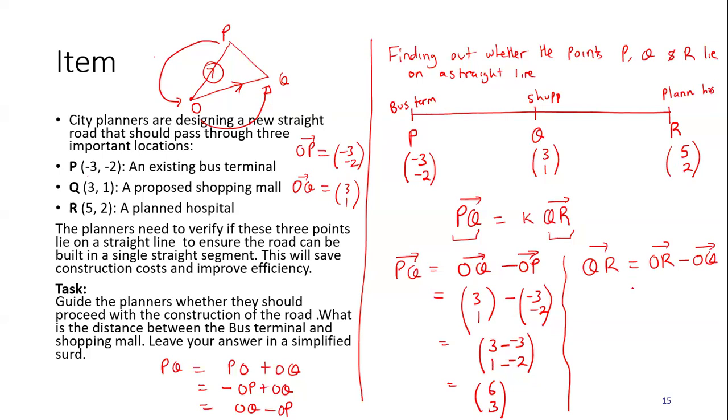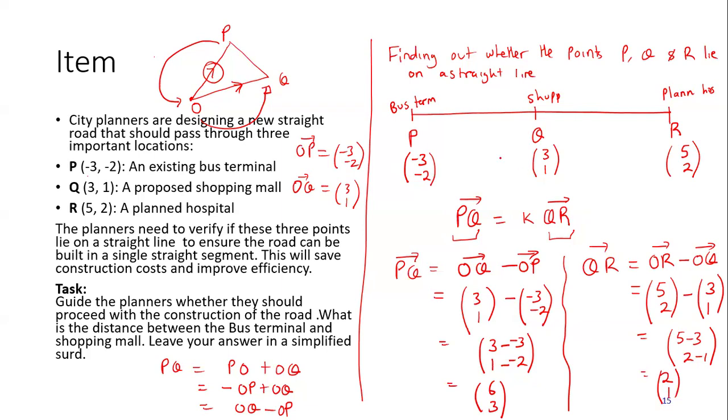Okay, good. So OR is 5, 2 minus OQ, which is 3, 1. When you subtract, this will be 5 minus 3, 2 minus 1, which gives us 2 and 1. That is QR.